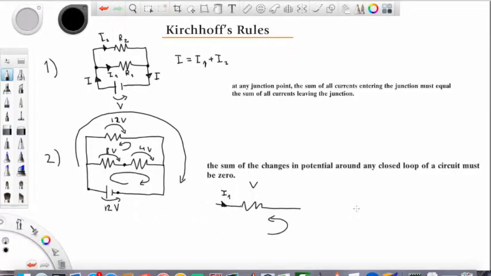And for a battery, there's always a positive and negative terminal, and the voltage is higher on the positive one. So the voltage arrow looks like this.